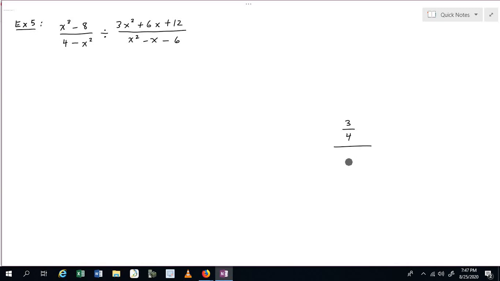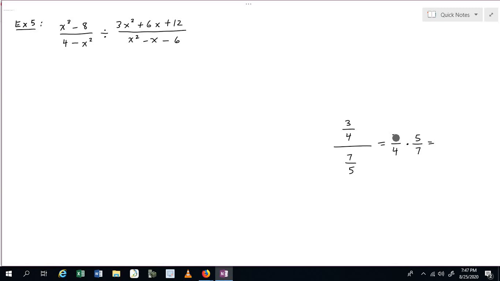So say you had 3/4 divided by something like 7/5. Okay, you may remember that what we usually do here is we flip and multiply this bottom fraction. So if we flip it, its reciprocal would be 5/7. And then we're going to multiply by that. So you flip this and you multiply by it.